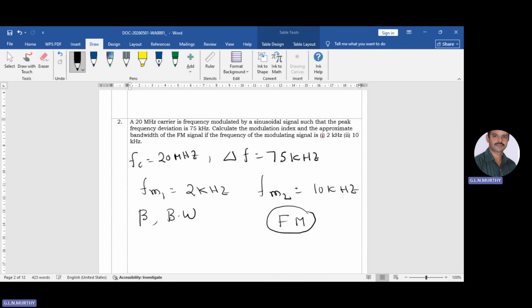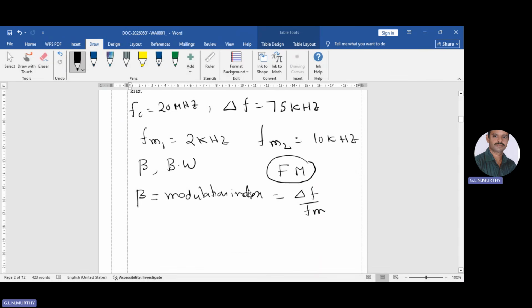Before you solve a problem, it is advisable to write the expressions. What is beta? Beta is the modulation index. The expression is delta f by fm. So we go for case 1.